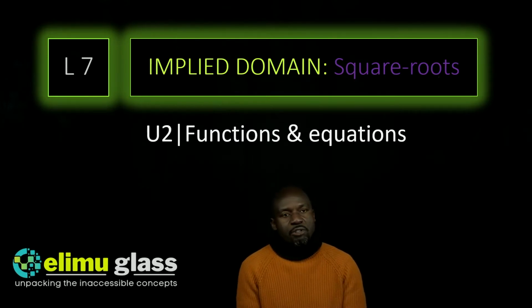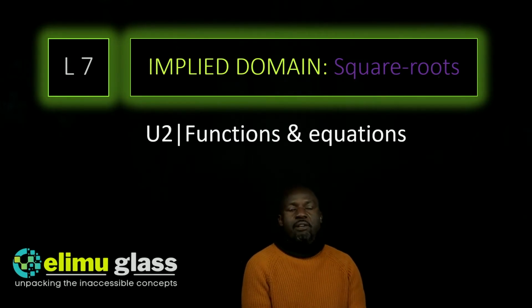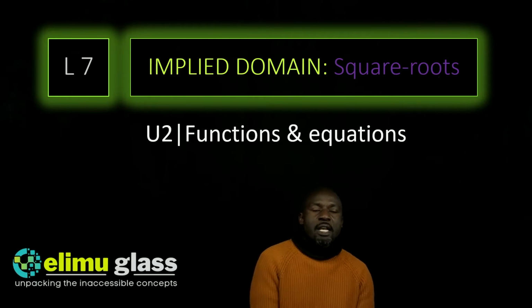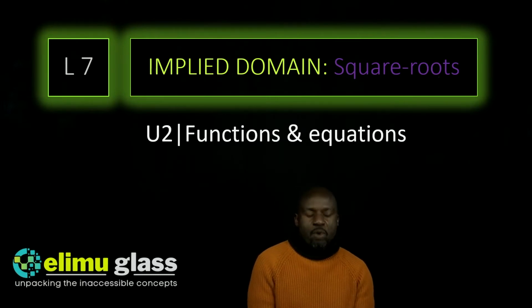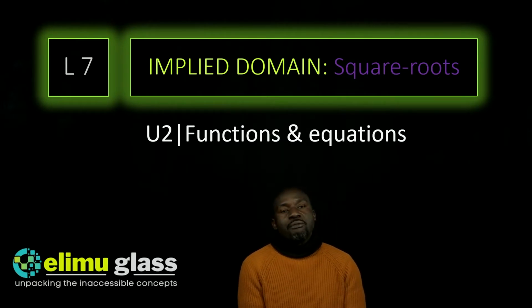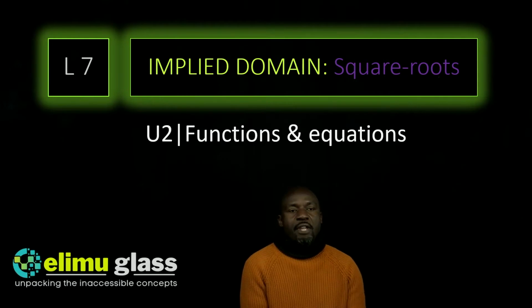We will talk about two types of implied domain. Of course, I'll be explaining what this means. The first will be the implied domain when it comes to square root functions, and the second one will be the implied domains for reciprocal functions, and then we'll look at a combination of both.